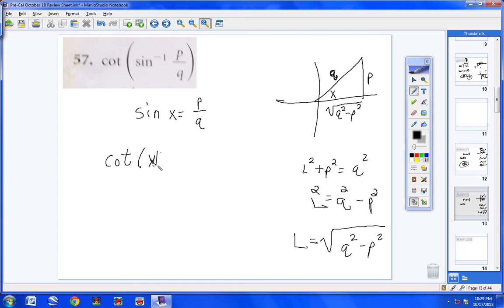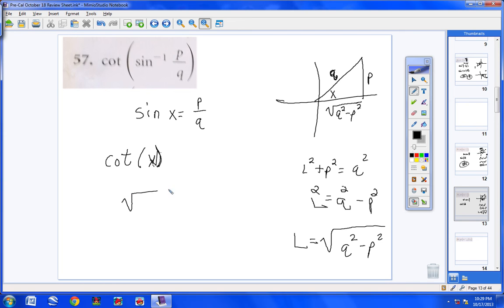All right, cotangent of x. Now, cotangent, if you remember, here's x right here. Cotangent is adjacent over opposite. So the cotangent of x, here's x.